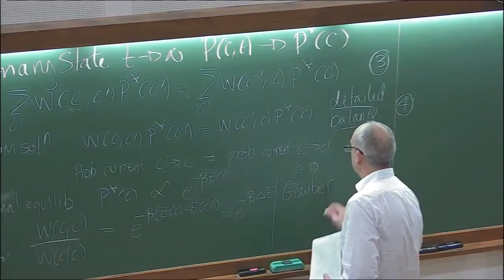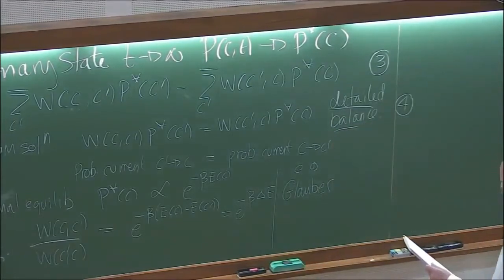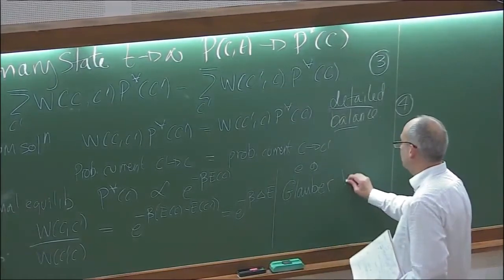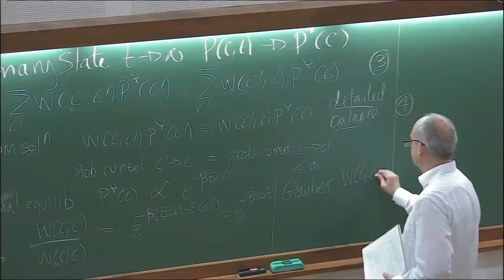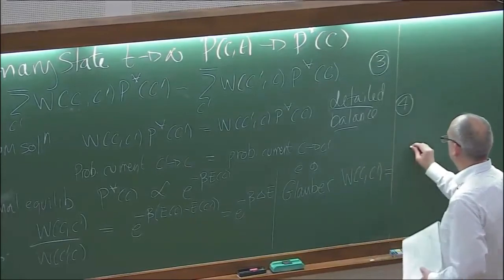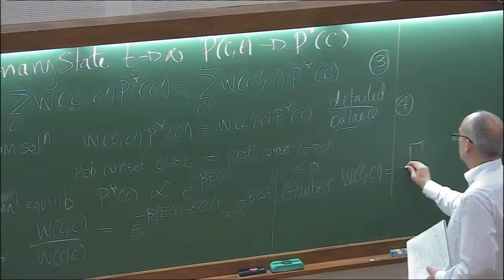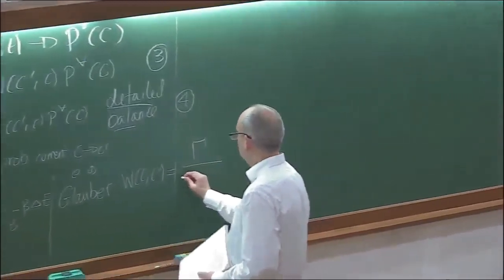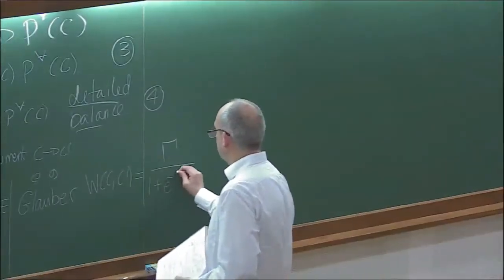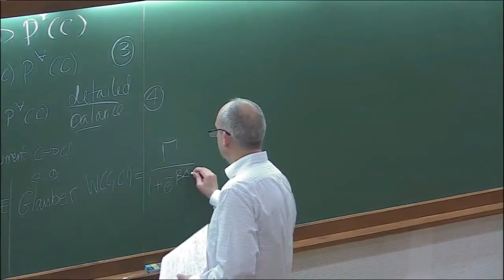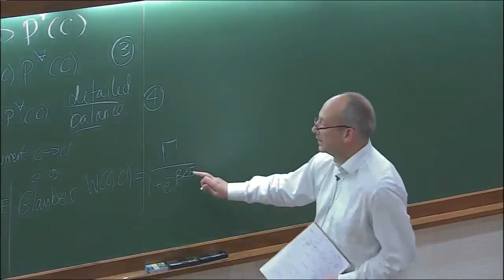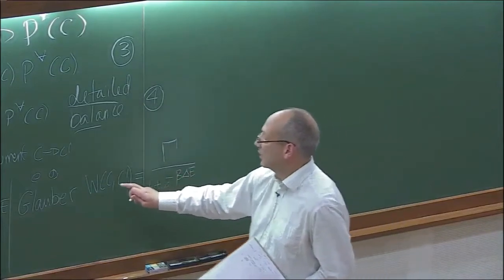So Glauber dynamics is when we choose W(C, C prime) to be some overall constant rate, which I'll call gamma, divided by 1 plus e to the minus beta delta E. And you can check that that works.